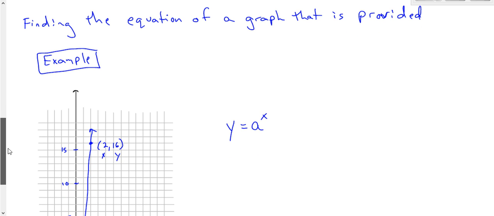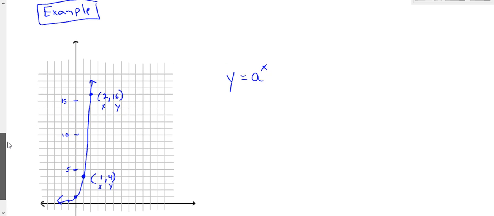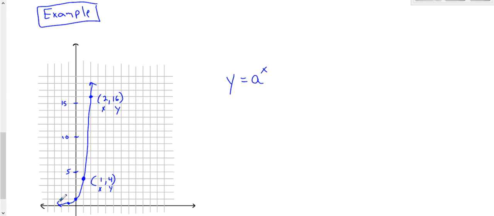Now let's look at how to find the equation of a graph when the graph is provided. Here's an example. I have this graph drawn out, and I labeled these points. I have (1, 4) and (2, 16). So I have my x and y values. The basic function of an exponential function is y equals a to the x.